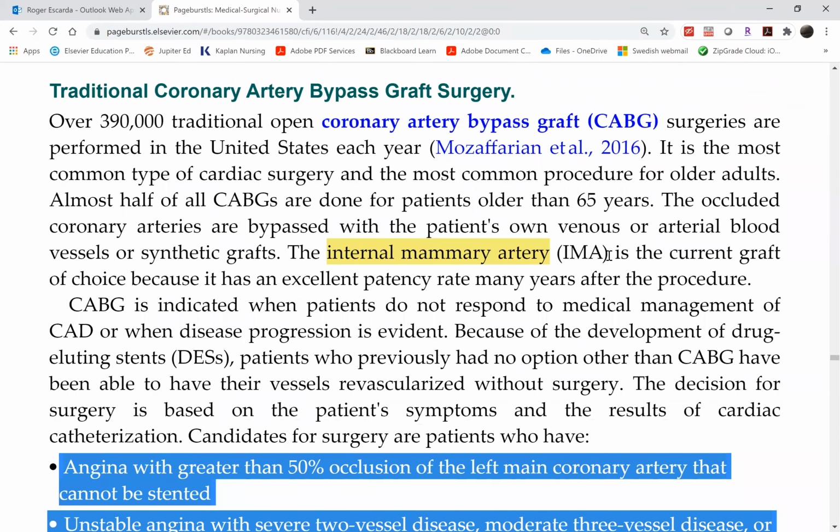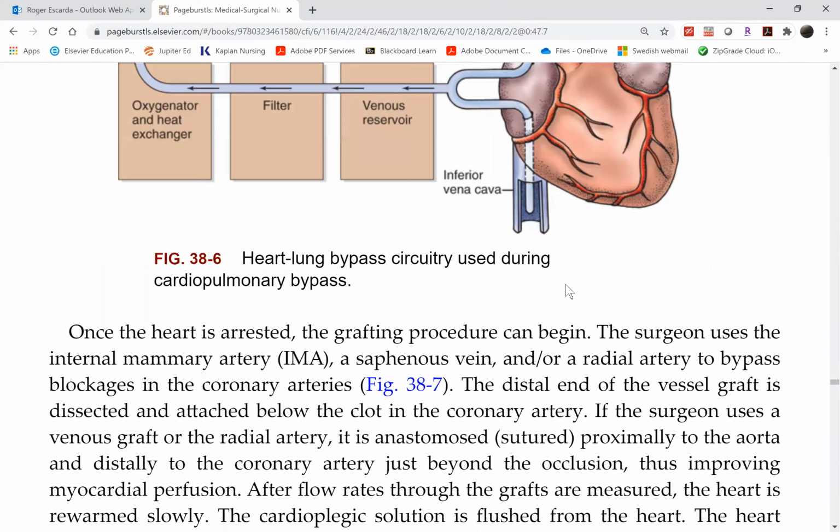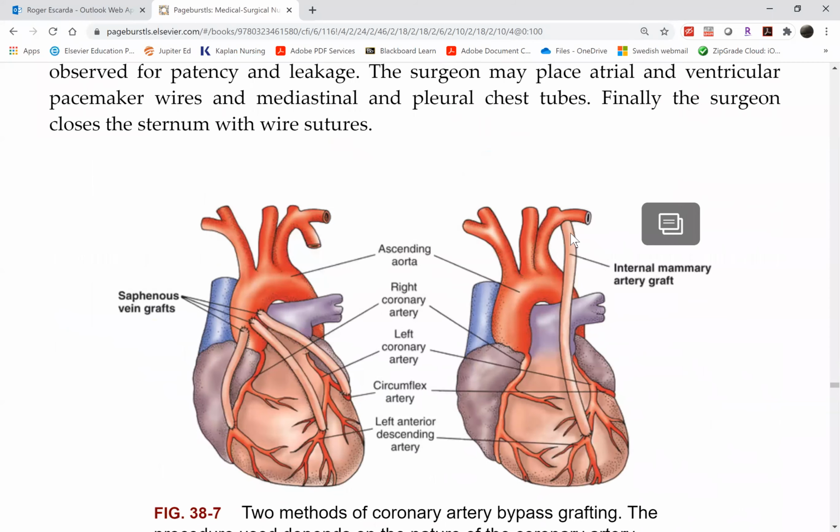The most ideal graft to use is the internal mammary artery. You see the picture right here. So this is the internal mammary artery.